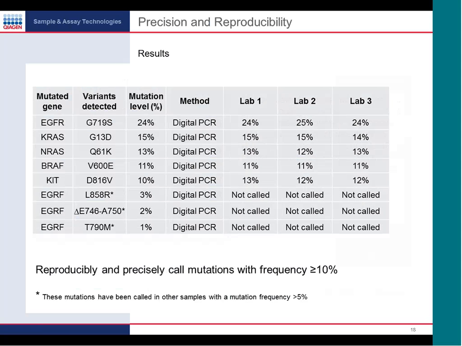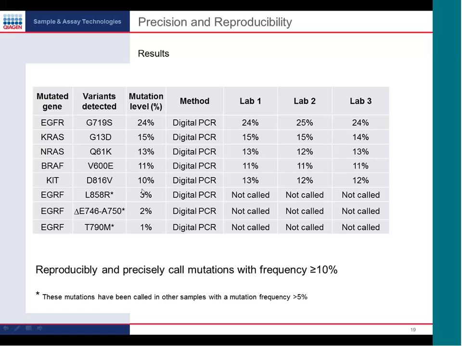As you can see, with triplicates, 3 different labs, and even different lots, we are getting very reproducible results with very high precision, down to a limit of detection of more than 10%.